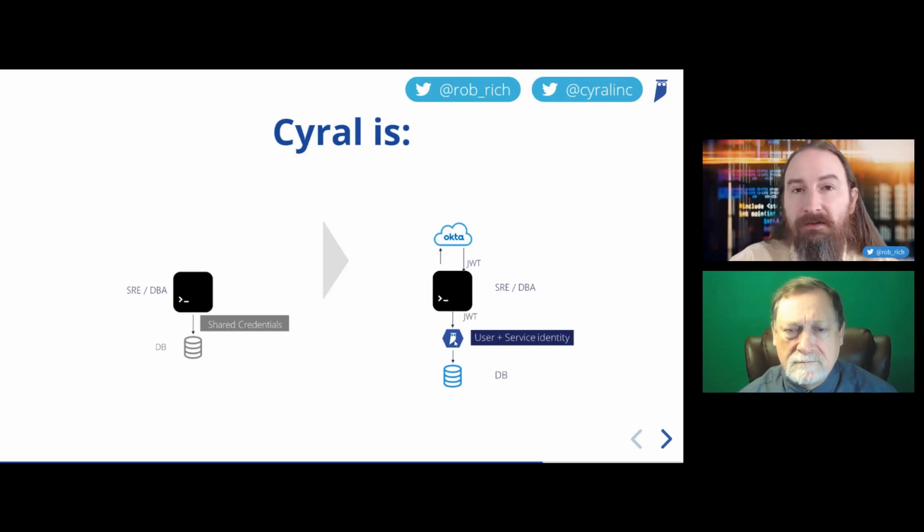The service account is gone. The only thing that service account gave us was uniform access to our data, but it didn't help us answer the question, who has access to our data? And now without shared service accounts, we can get that identity from our identity provider, in this case, Okta.